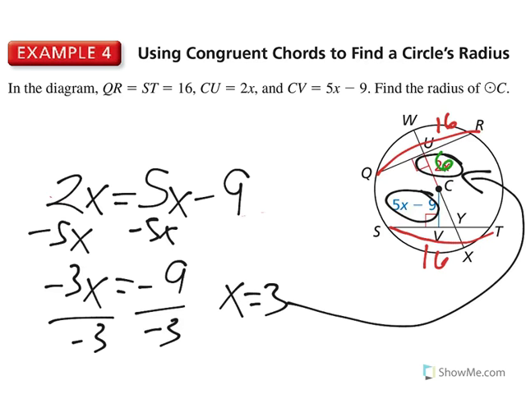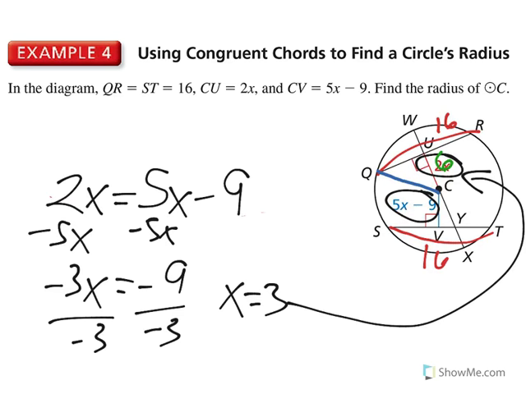But then it asks us to find the radius. So we need to think about how we can find the radius in this problem. What they're looking for us to do is to draw this triangle here. We already have that right angle, and we actually know both sides. We know this side is 6. If we think about the chord, since that line is perpendicular and it's going through the center, that line is the diameter.